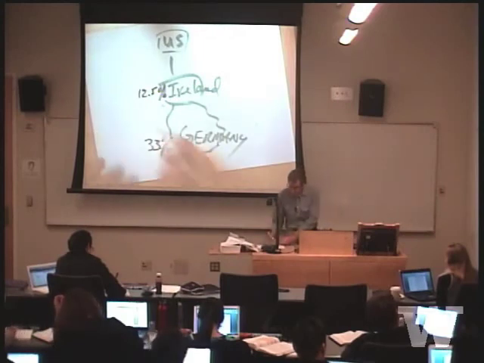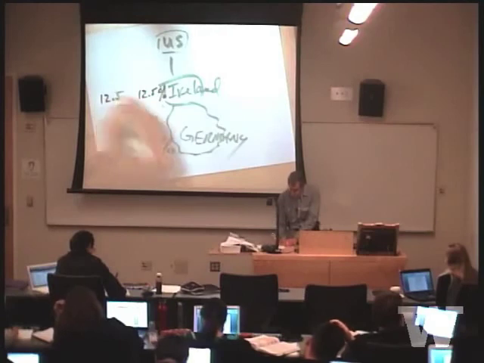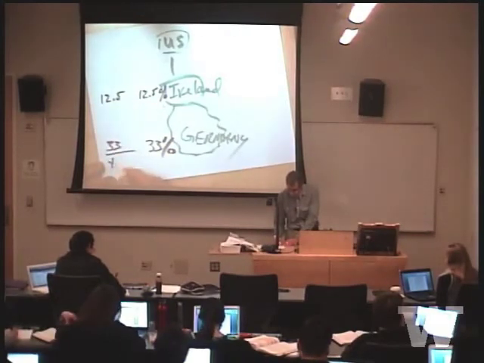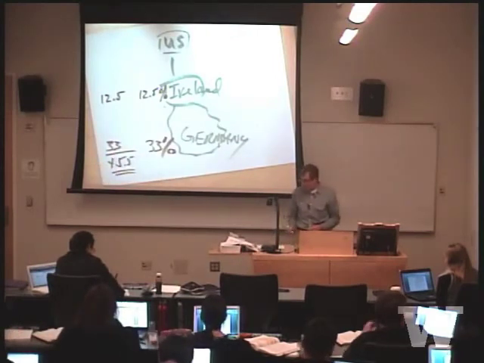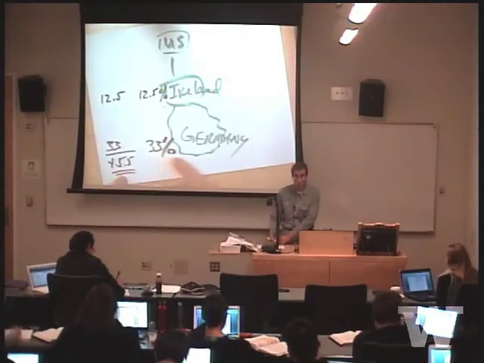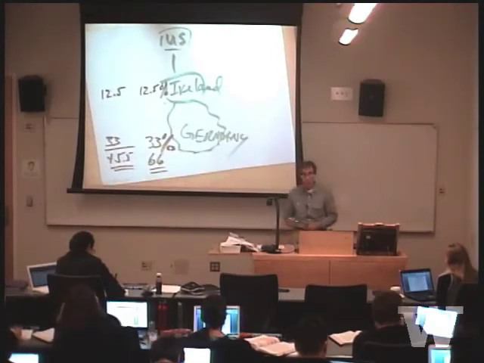And again, using the 100-100, we have 12.5 of tax here, 33 here, which gives us 45.5. If all of the income had been taxed in Germany, where the manufacturing is, it would have been 66. So there's been a substantial reduction.